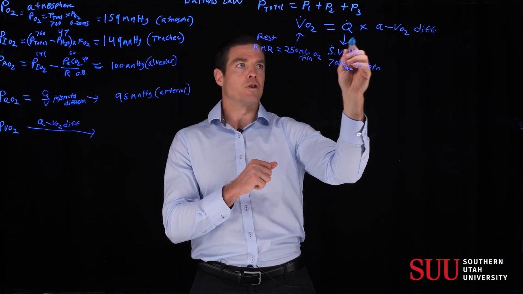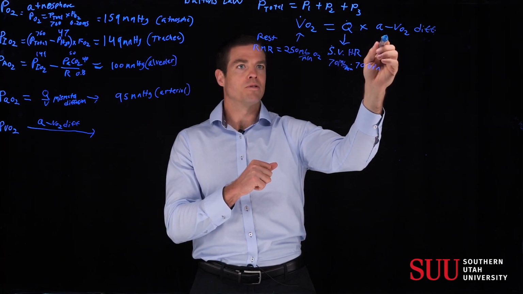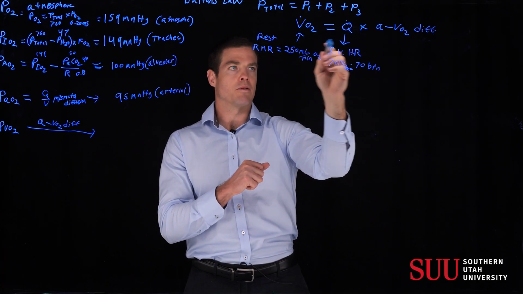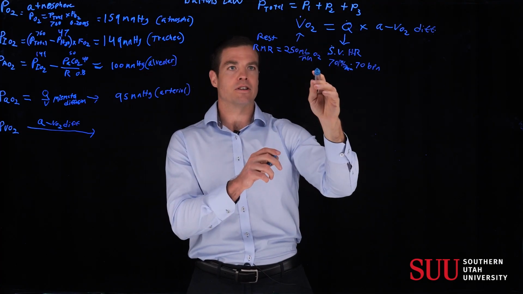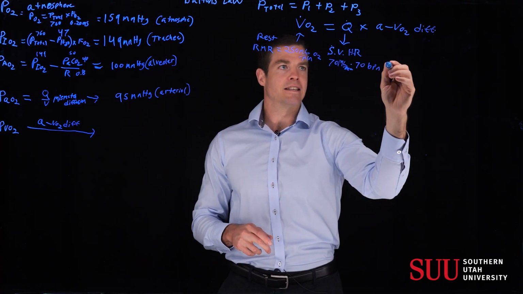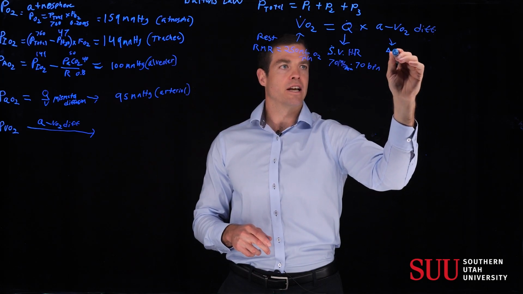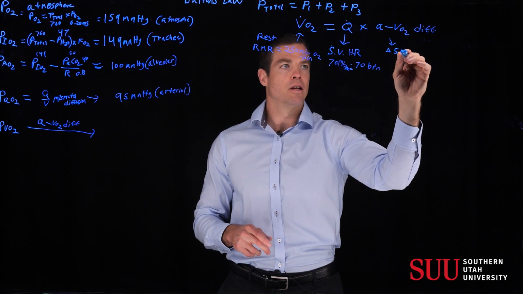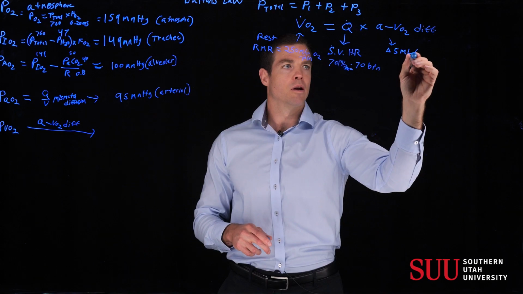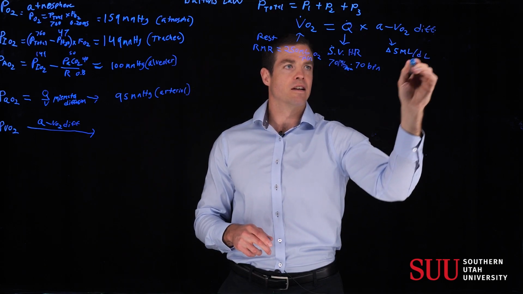And now if we rearrange the equation and solve for the AVO2, the difference would be about 5 milliliters per deciliter, okay?